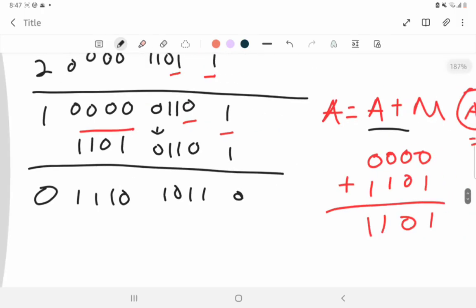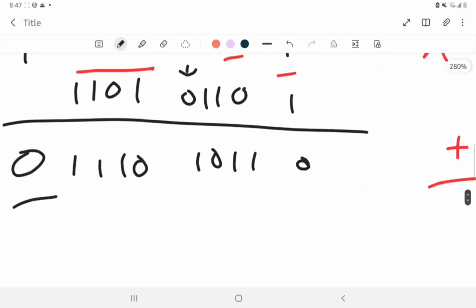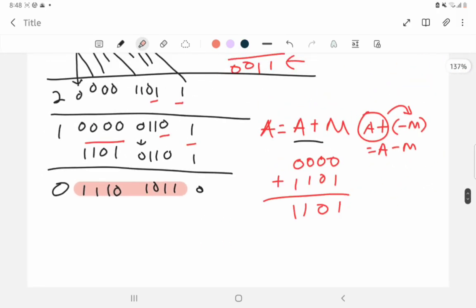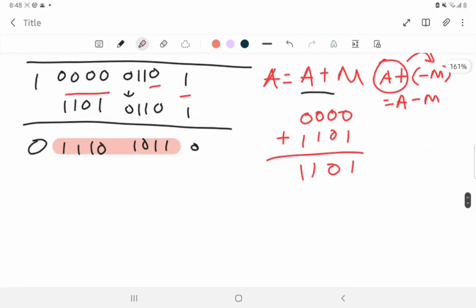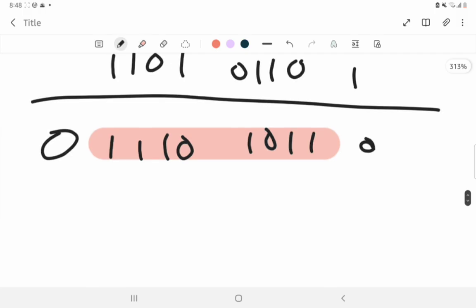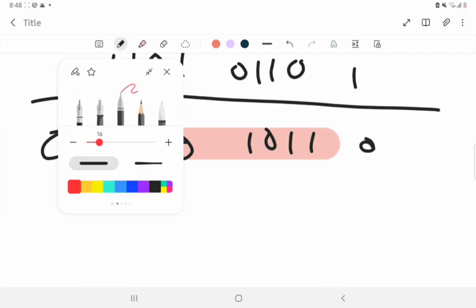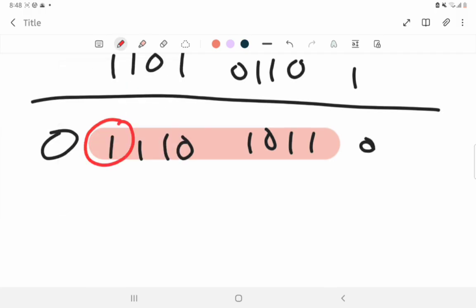Done. We've done because we achieved the 0 bits. So what do we have to do now? We just have to look at this A and Q. First, we have to look here, the first value, which is 1.